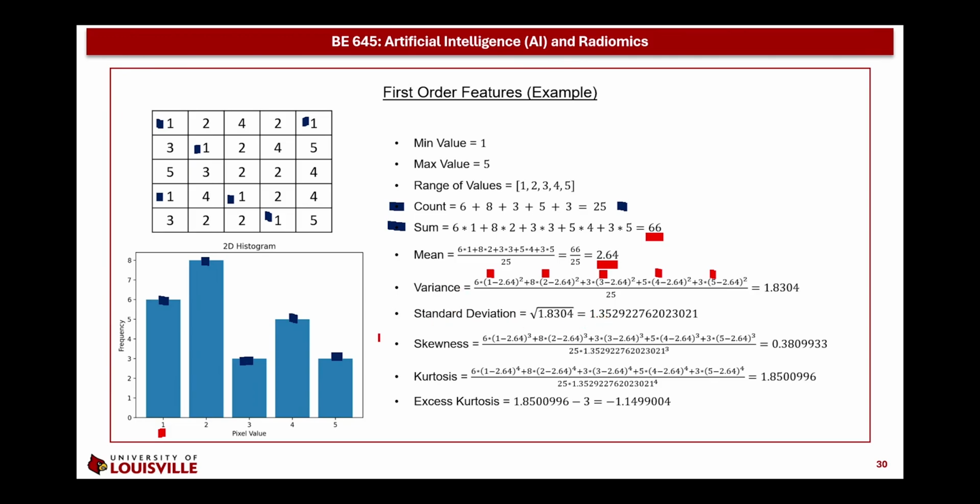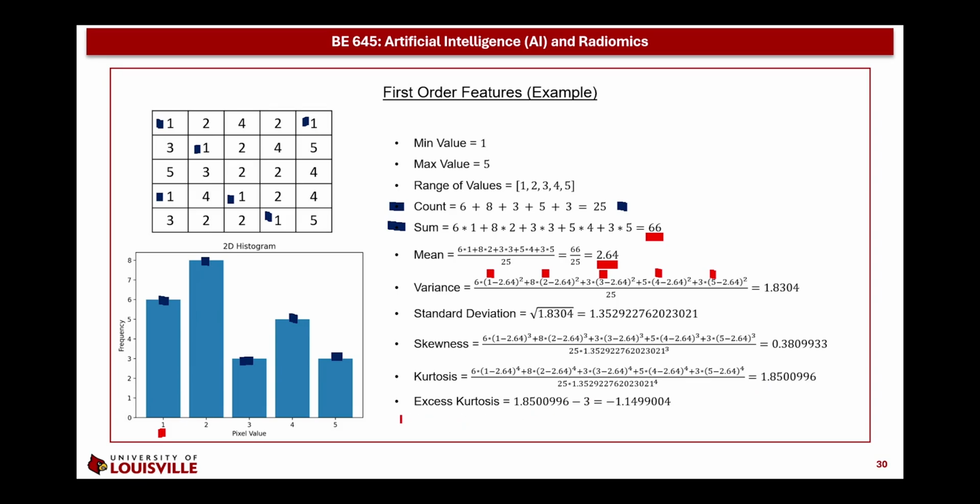For the skewness, the numerator will be similar to the variance, but raised to the power of 3 instead of 2, and you divide by 25 multiplied by the standard deviation to the power of 3, so the value will be 0.38. For the kurtosis, the calculation is similar to the skewness, but instead of the power of 3, you change it to the power of 4, so the value will be 1.85.